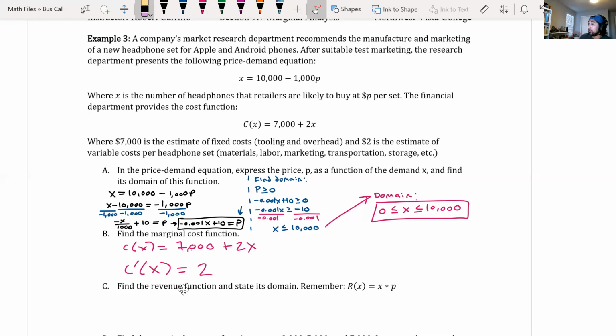And remember that derivative, marginal, they're all fancy words for slope. Well, if you look at the original cost function, what was the slope of this function? It was 2x, so it'll be 2. So no matter what, it's just telling you, hey, every time you make a headset, it's going to increase by $2 every headset. Not bad, right?